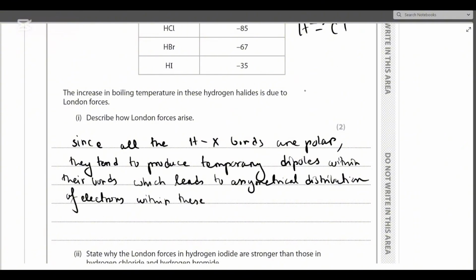contour lines are present towards the chlorine side compared to the hydrogen side, because obviously chlorine has a higher electronegativity compared to hydrogen.